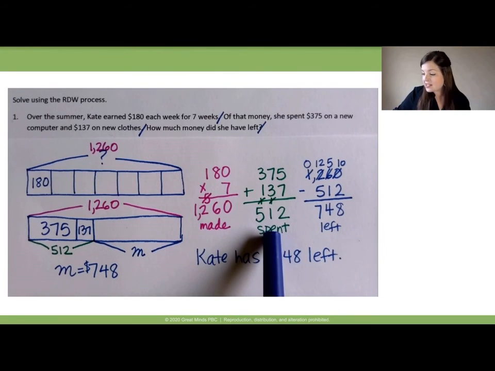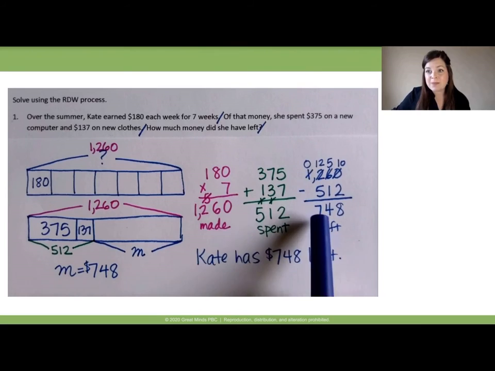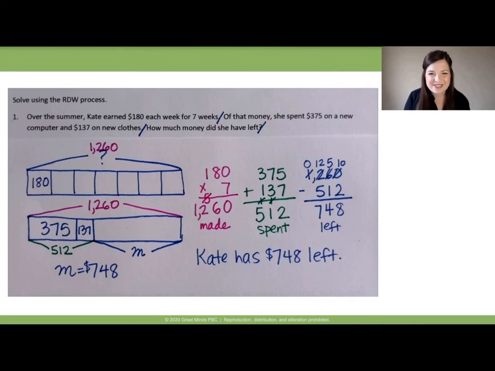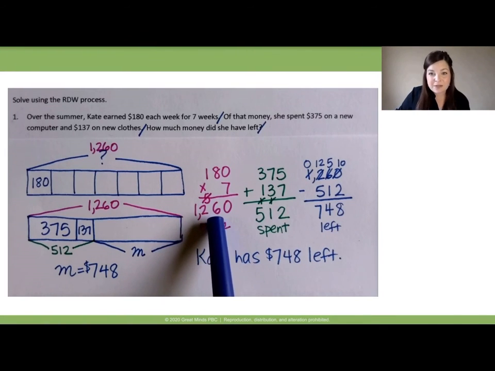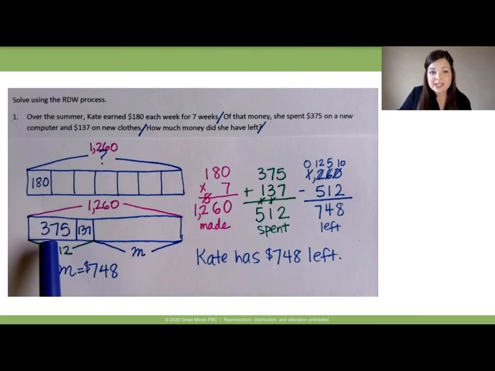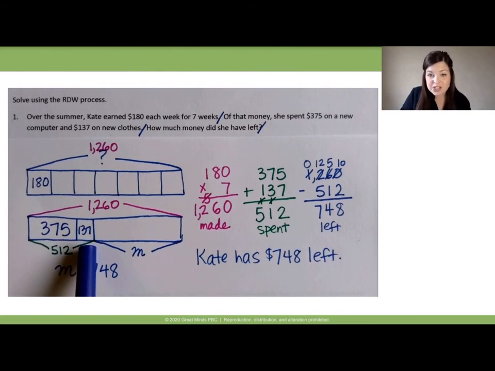Then I subtracted the amount she spent from the amount she made to get the amount that she had left. Now, we could have also found the total amount of money that Kate made over the summer, and then subtracted the amount that she spent on the computer, and then subtracted the amount of money that she spent on clothes one at a time. That would have been correct as well.